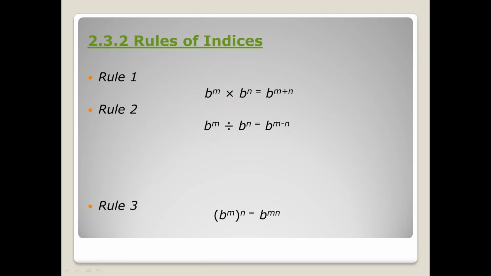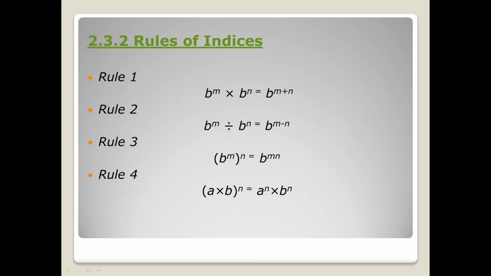Okay, number 3, b to the power m, all to the power n. So there are 2 indices here. Then the answer here will be b to the power of m times n. We multiply these 2 indices. We don't add them, we don't divide them, we don't subtract them, we multiply them.